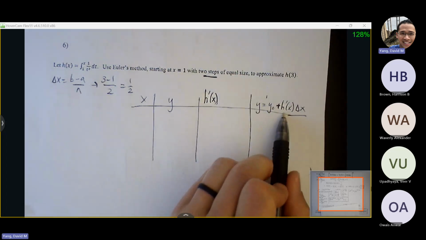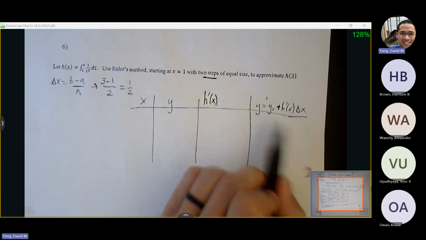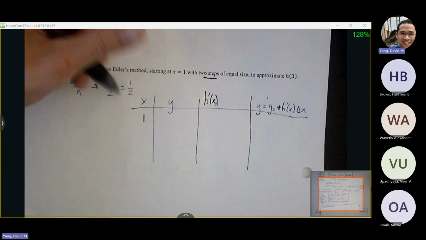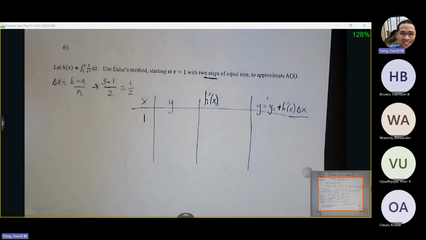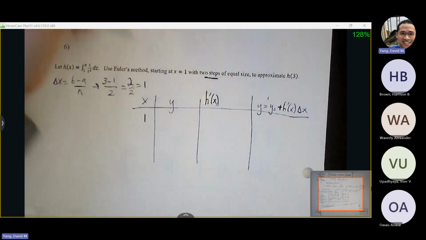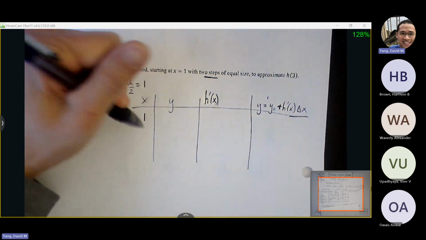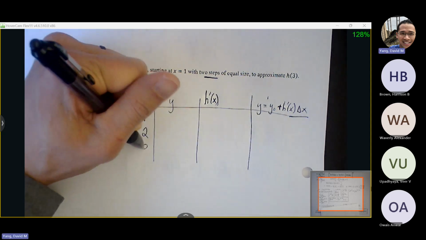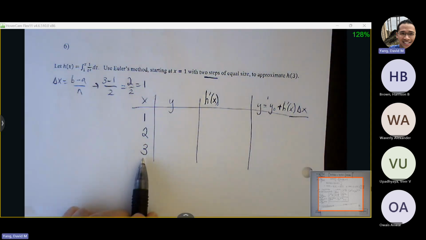It's basically y equals mx plus b here. Okay, so we know we're going to start at 1. We're going to keep incrementing by 1/2 until we reach, I'm sorry, 2/2. It's step size of 1 here. 1 plus my delta x of 1, and then that should be in 2 steps I can get to my destination.